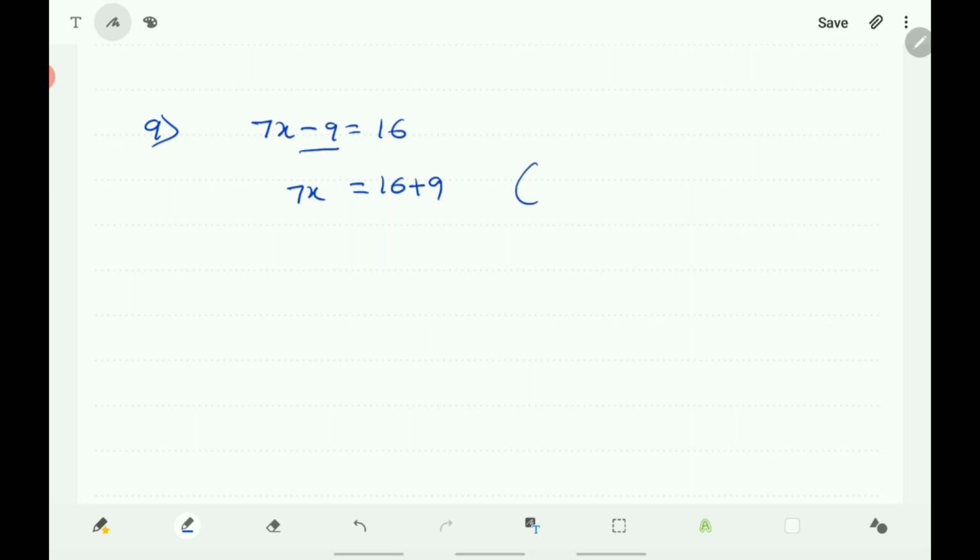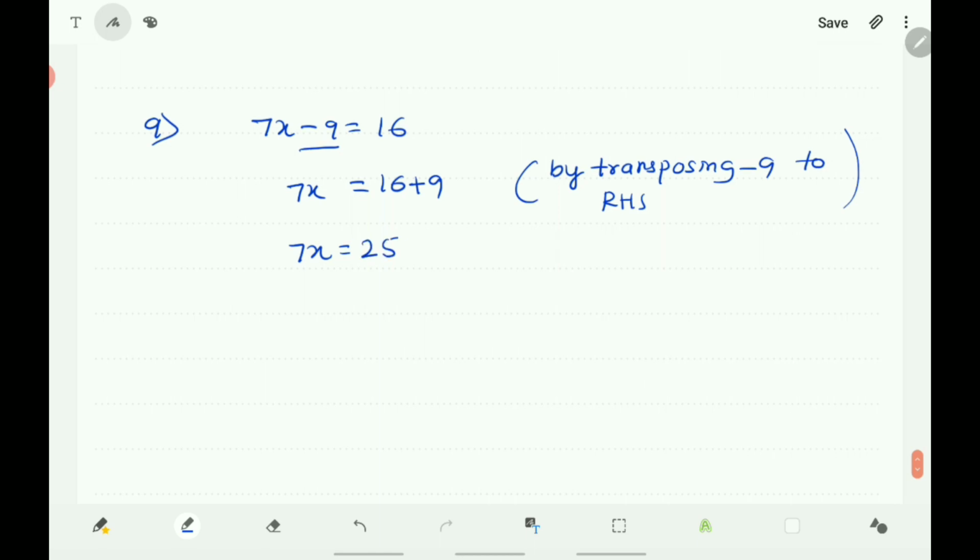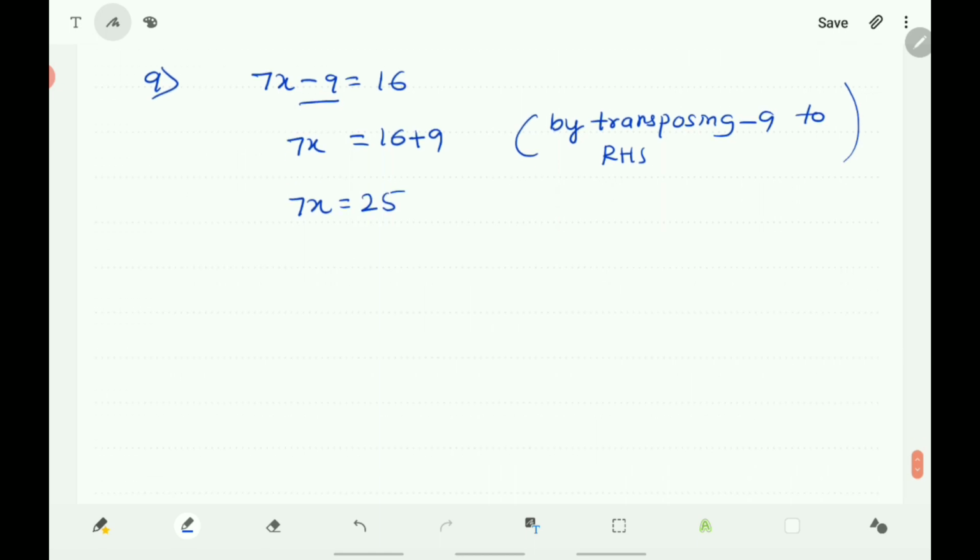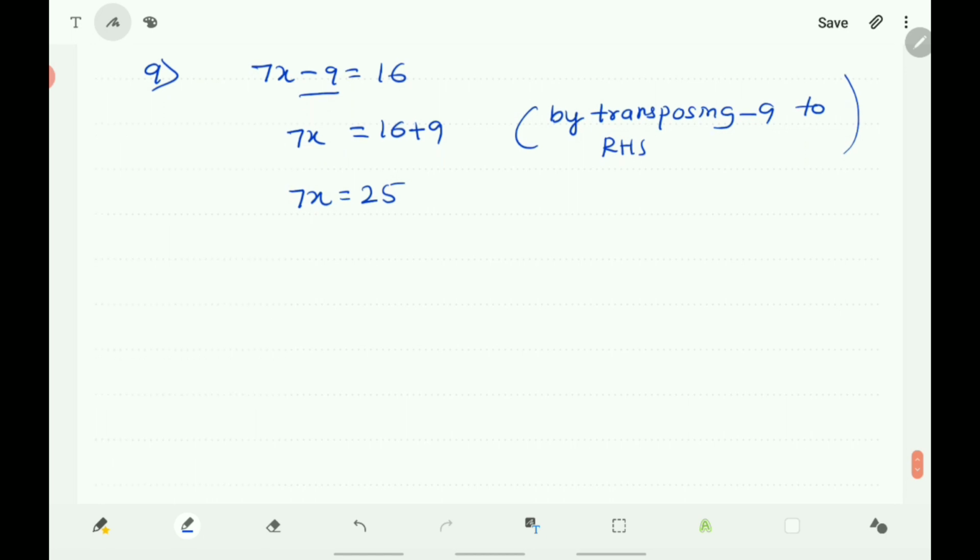What you have done here? By transposing minus 9 to RHS. So it becomes 7x is equals to 16 plus 9. So it is 7x is equals to 16 plus 9 is 25.